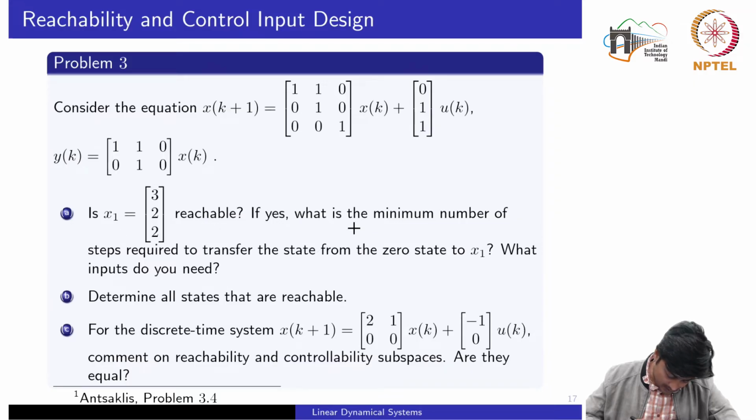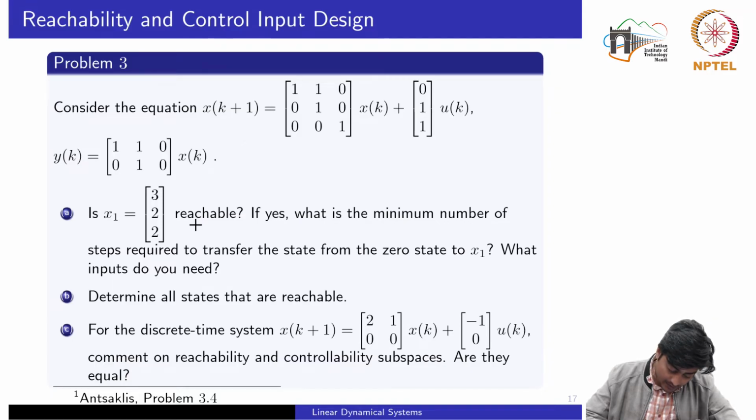Problem 3 is again the subsequent problem of the same book, where now we are considering a discrete time system with A, B, C matrices given by this. The first part of the problem is we want to know whether x1, which is given by this, is reachable.